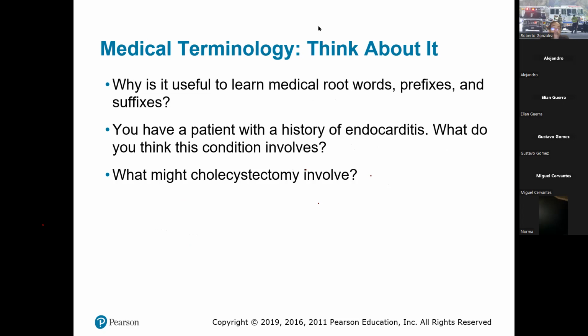Let me see if I can write this one out. Endocarditis. Okay, so endo, cardio, and itis. We know that itis is inflammation, right? Cardio means heart.